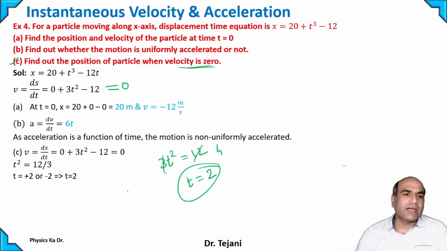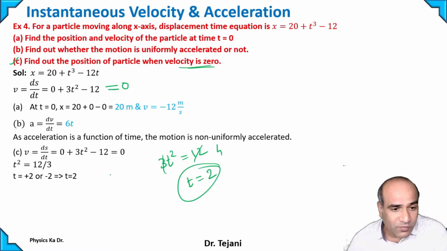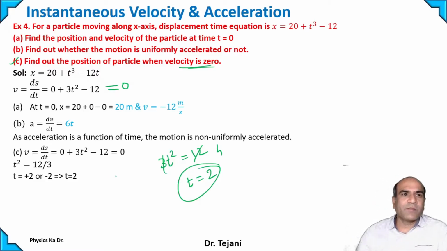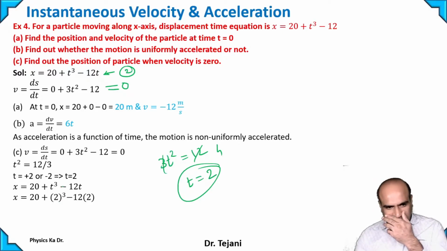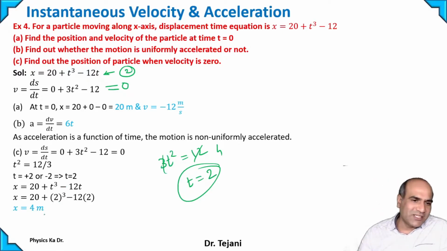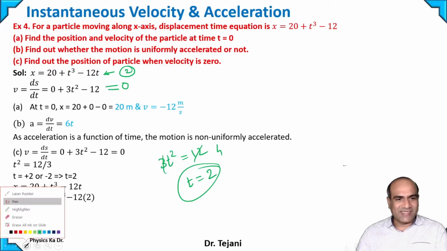Time cannot be negative, therefore time has to be the positive answer. So find out the position at t is equal to 2. We have the position equation, t cube minus 12t. Put 2 here and the answer is minus 16 plus 20, which is 4 meter. Answer is 4 meter. It is very simple.